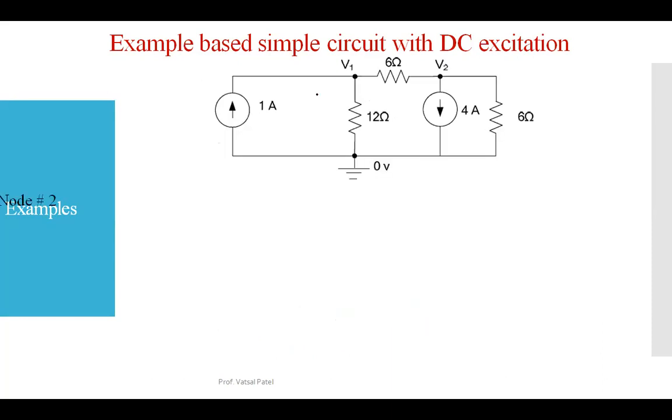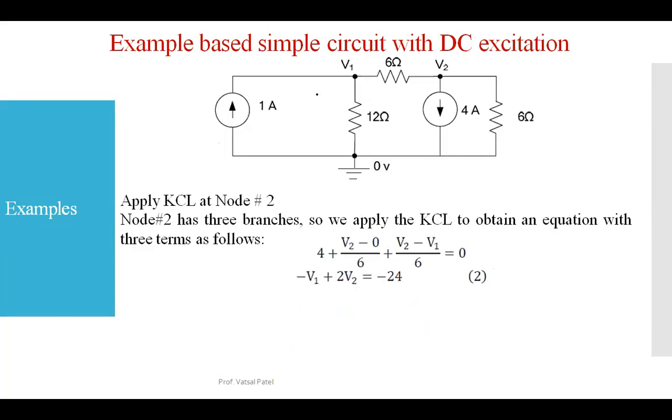Now, if we apply the KCL at node number 2, it is written here that as per the current direction we have assumed, (V2 minus V1) by 6, plus (V2 minus 0) by 6, plus 4 ampere, because the current direction it is leaving from the node.